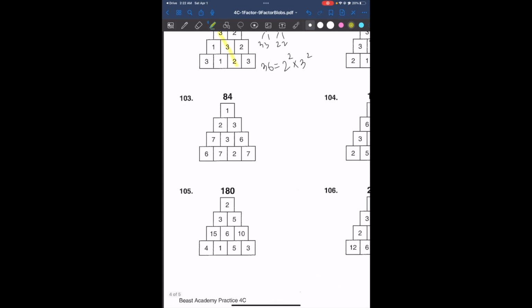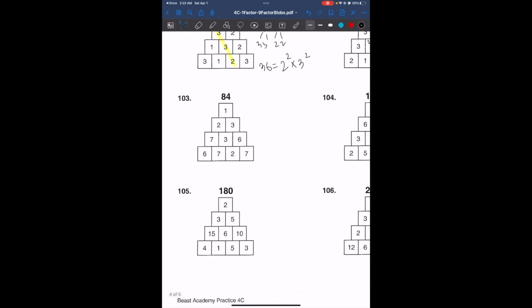For problem 103, we have target number 84. And so since it ends with an even number, we know it's divisible by 2. Same thing, divisible by 2. And so we can express 84 as 2 to the power of 2 times 3 times 7.